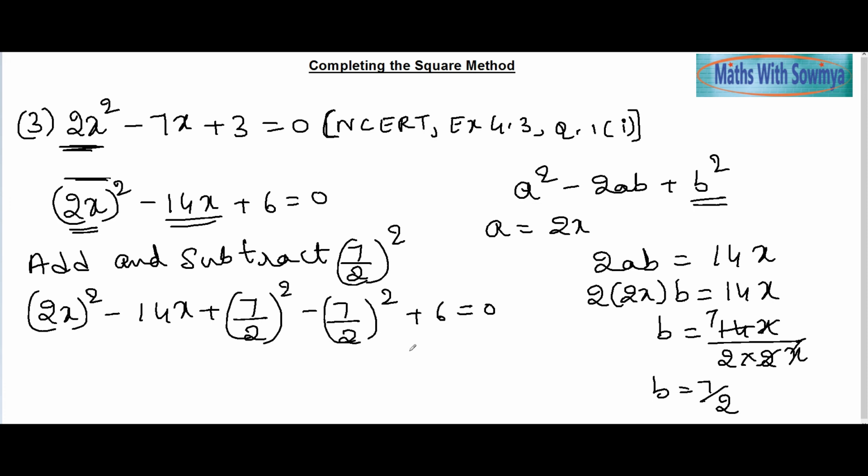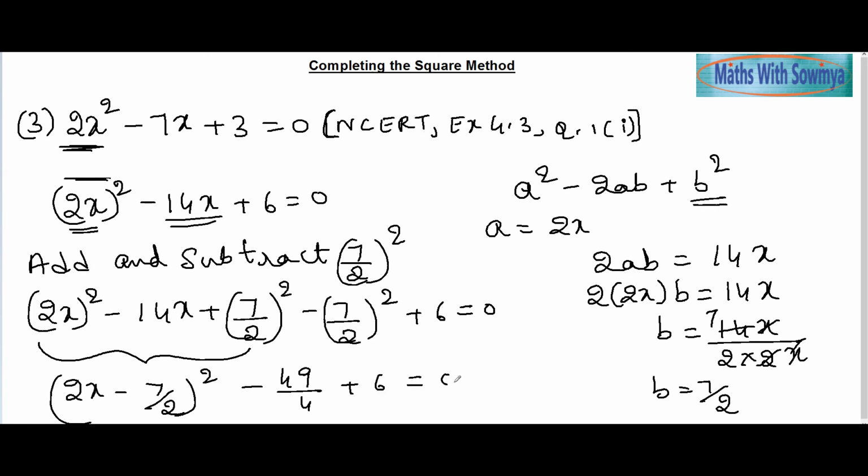Hence we do add and subtract. This whole thing will give us a minus b whole square, and this is minus 49 by 4 plus 6, which is equal to 0.